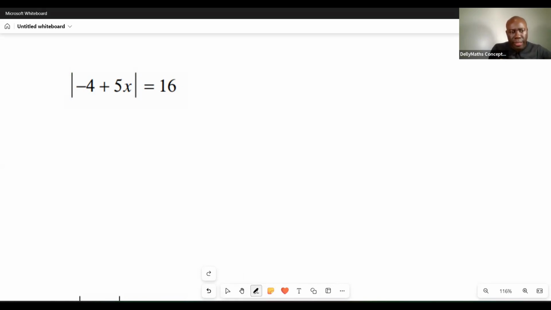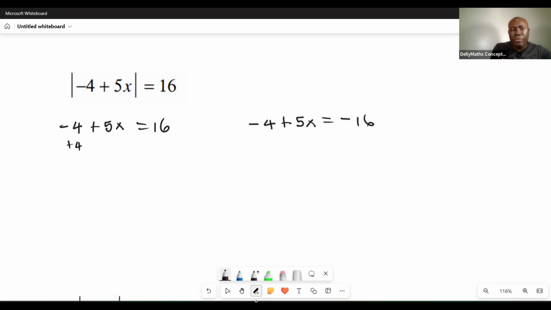So negative 4 plus 5x is equal to 16. Also, negative 4 plus 5x is equal to negative 16. I'm going to add 4 to both sides here so that I can get rid of the 4 and isolate my x term. A negative and a positive 4 becomes 0. So I'm left with 5x, which is equal to 20.